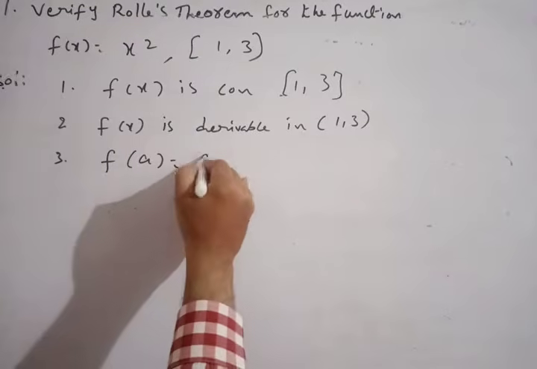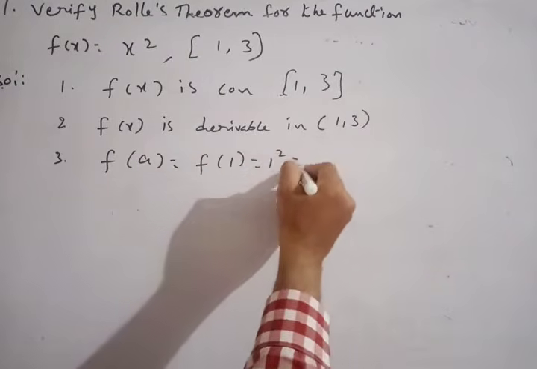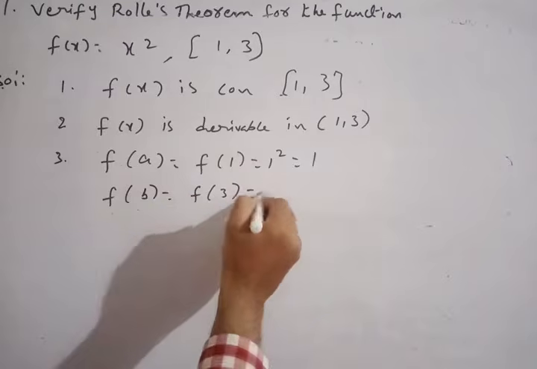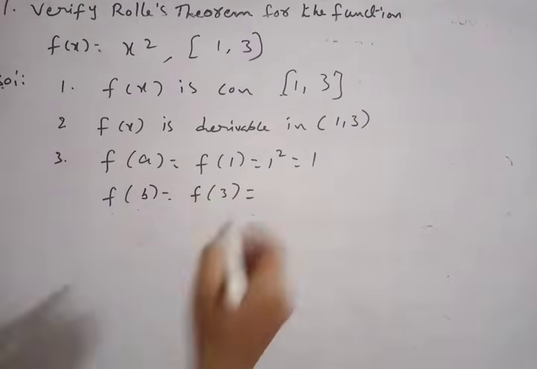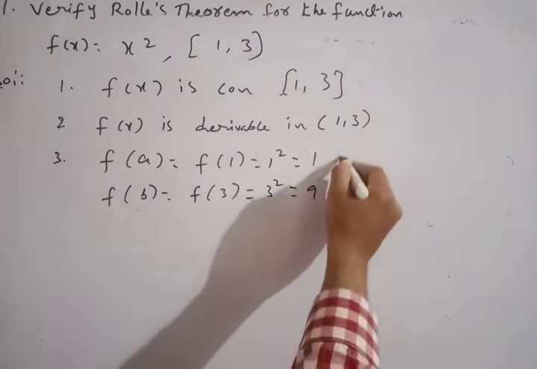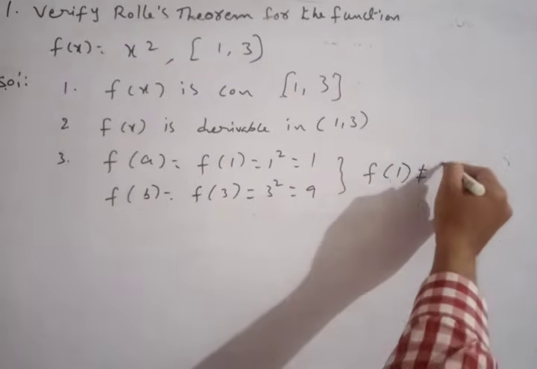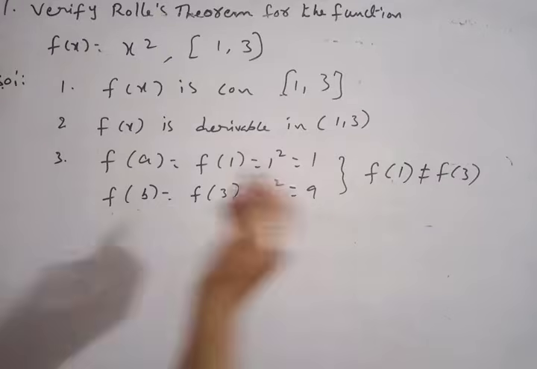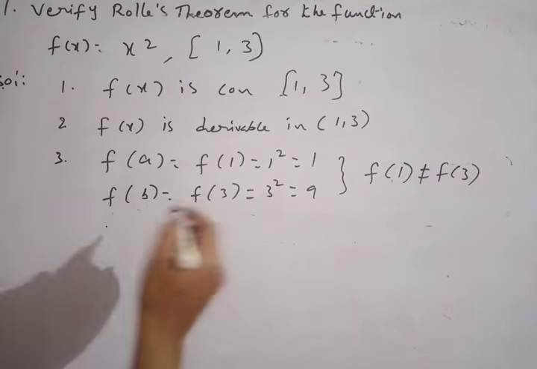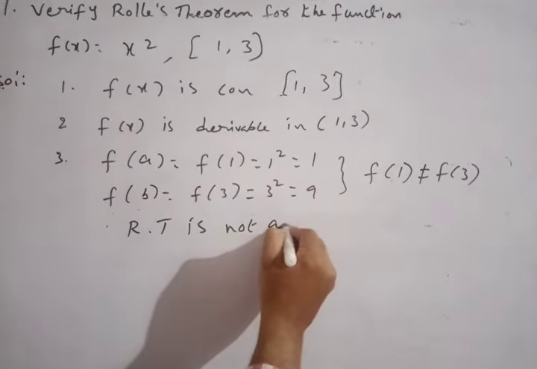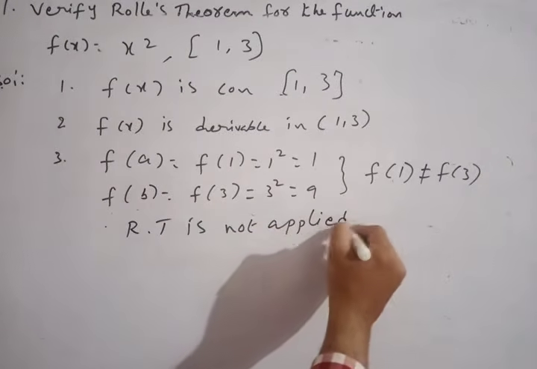A is 1, so f of 1, that means 1 square, is 1. F of b is f of 3. 3 square is 9. So f of 1 is not equal to f of 3. Therefore all conditions of Rolle's theorem are not verified. Rolle's theorem is not applicable.